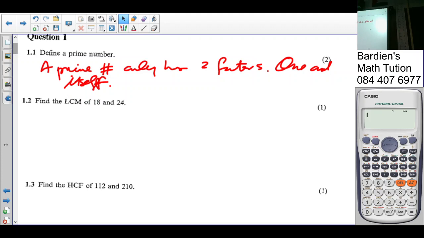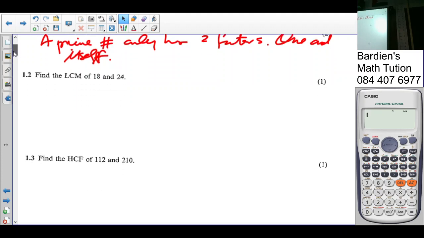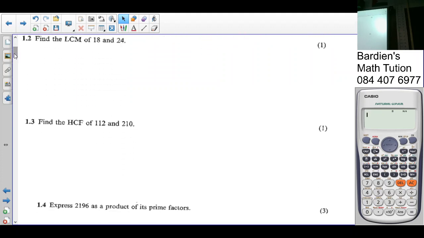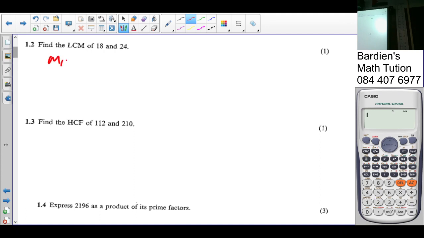Okay. In question 1.2, the question says find the LCM of 18 and 24. So for the LCM, we must work out the multiples of 18 and the multiples of 24. That's one way of doing it. Or I can use prime numbers.